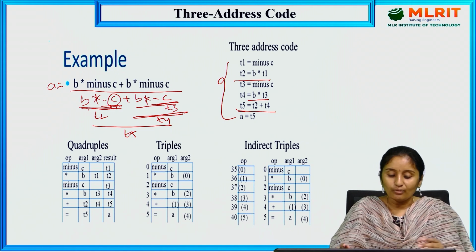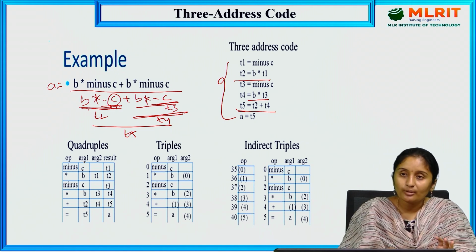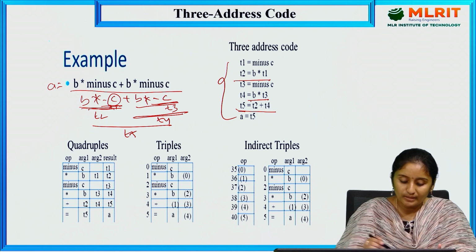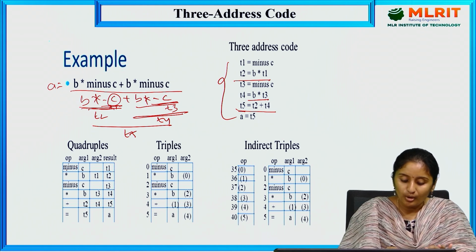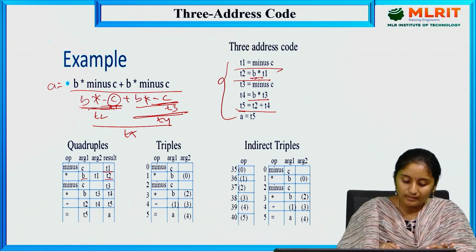Right? So now, for this quadruple, we are going to have 4 fields: operator, argument 1, argument 2, and result. What are the operators we are going to have? We are going to place the operator, the argument is c for the first statement, and the result is stored in T1. Next, T2 is the result, b is argument 1, the operator, and we have T1.